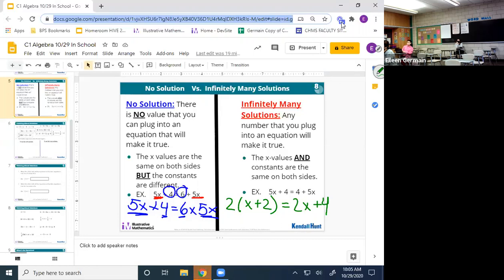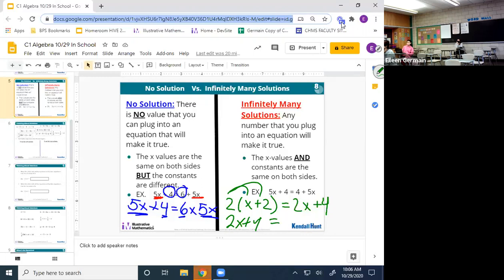When you're deciding if an equation has no solutions, one solution, or infinitely many solutions, you have to bring it down to x's and constants. You can't have parentheses or divisions on both sides. So this you would have to distribute, and then you would see it's equal to 2x plus 4, which those are equal. Does that make sense?